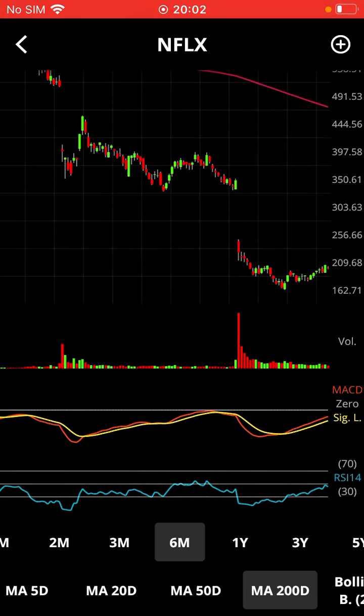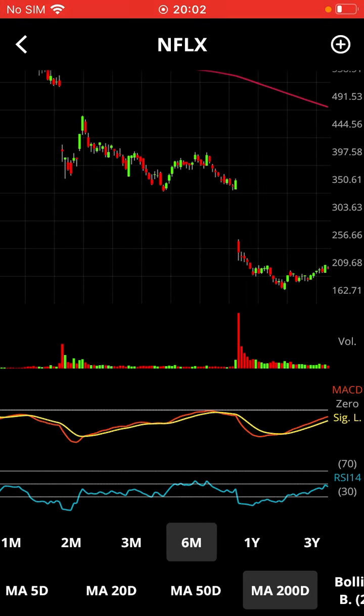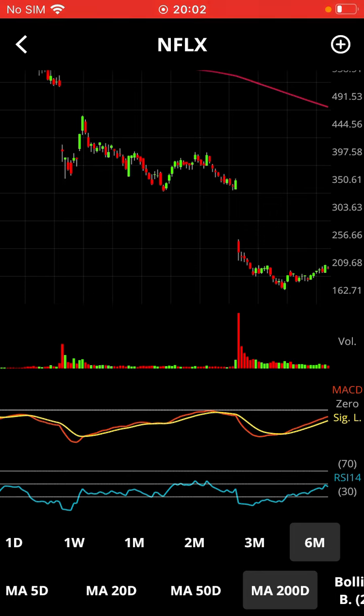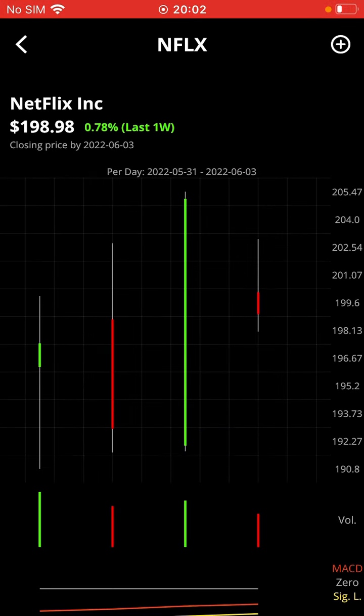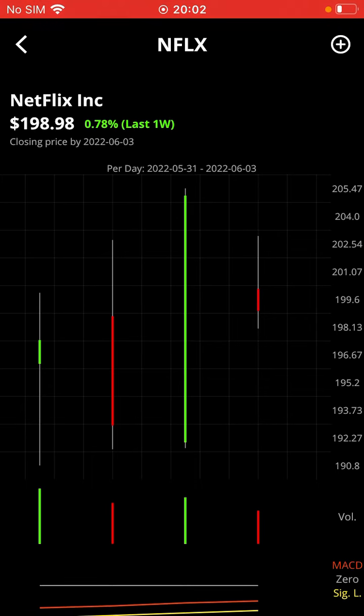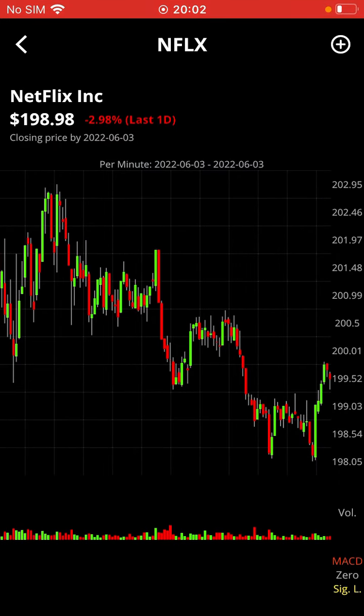Even if the MACD is going up slowly, and even if RSI is slowly going up as well, we haven't really started seeing a price increase that is significant enough. If you have a look at the last 1 week, the price has gone up by only 0.78%. If you have a look at the last day, the price has actually gone down again by 2.98%.